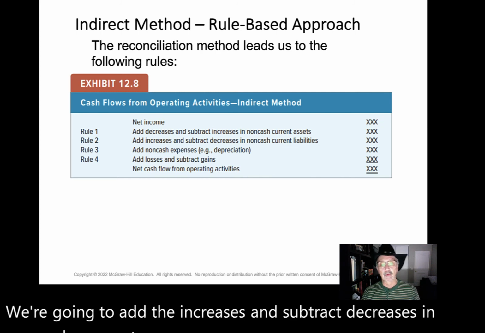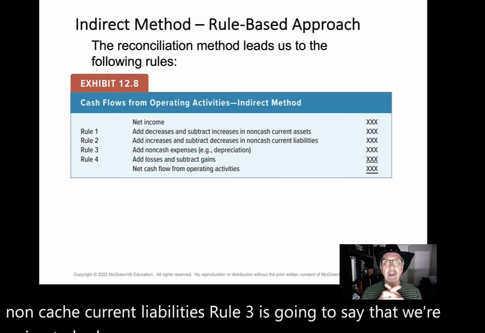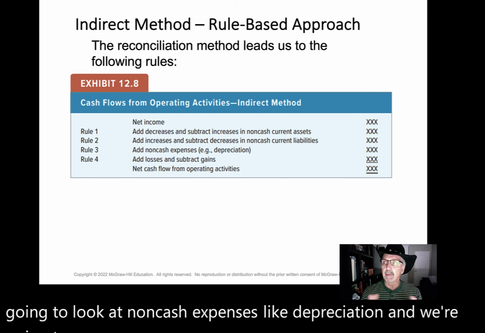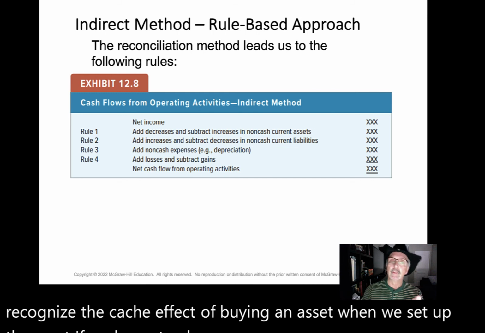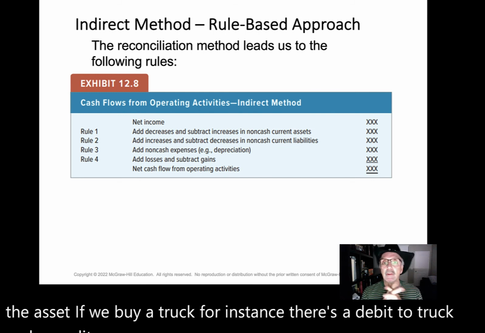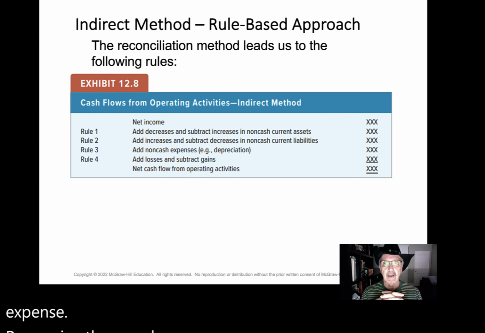Rule number 3 is going to say that we're going to look at non-cash expenses like depreciation, and we're going to add those in. Now, if you think about depreciation, we recognize the cash effect of buying an asset when we set up the asset, right? If we buy a truck, for instance, there's a debit to truck and a credit to cash. There's no expense recognized there, and this we talked about in Chapter 8.